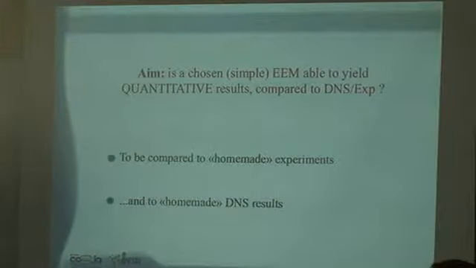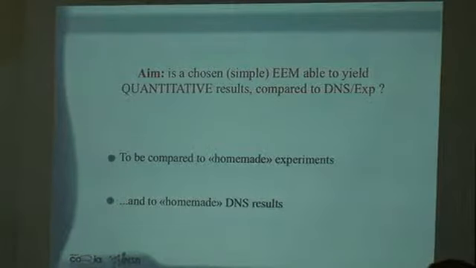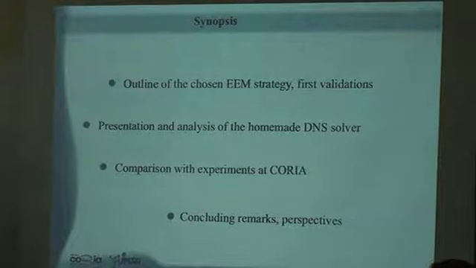I would say the main difficulty of this work is to talk with everybody, to talk with theorists, experimentalists, and people who are making DNS. Talk and try to get something interesting out of that. So, what is the synopsis of my talk?